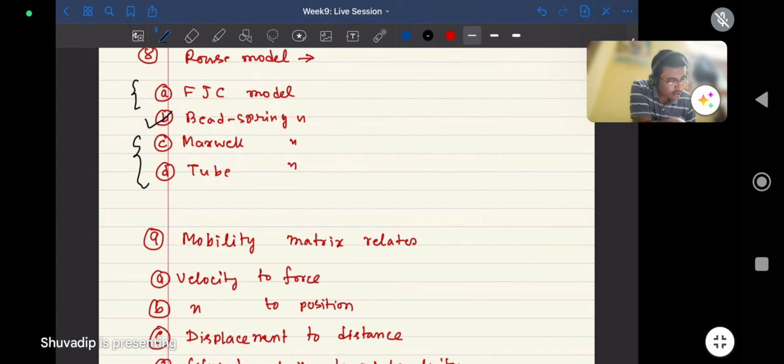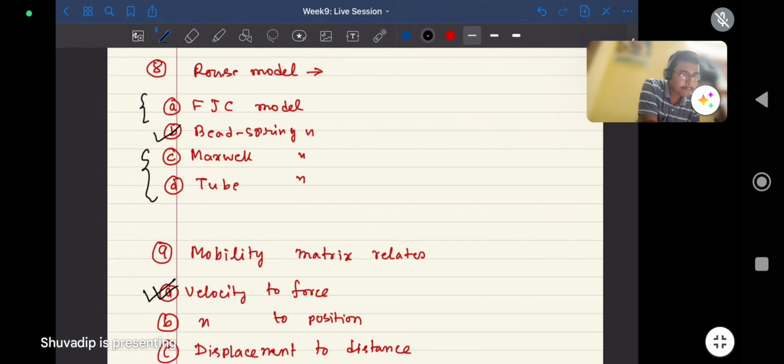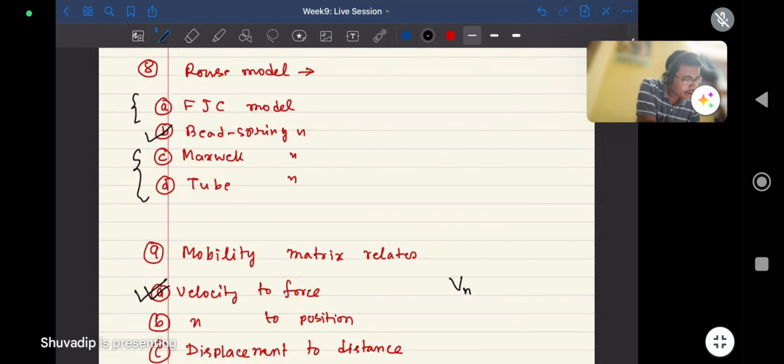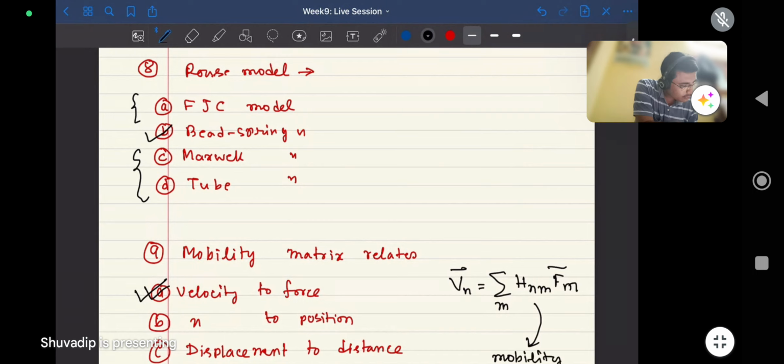The correct option here is velocity to force, because the mobility matrix is something like this: the velocity of the nth particle is the sum over m of H_nm F_m. This H_nm matrix is called the mobility matrix. This is the force, this is the velocity.